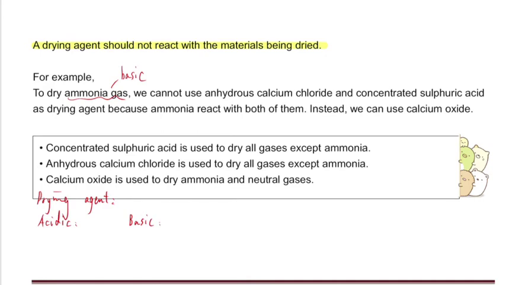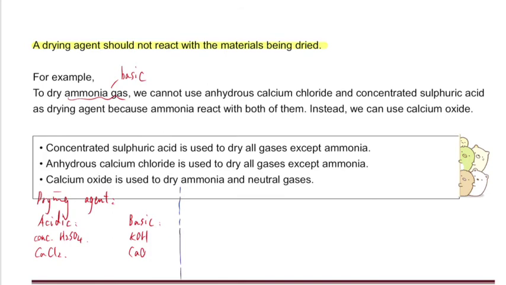For acidic drying agents, of course, concentrated sulfuric acid should be placed here, and also, as we have mentioned up here, anhydrous calcium chloride, that's also an acidic drying agent. And for basic drying agents, of course, we have potassium hydroxide, and calcium oxide is also basic.